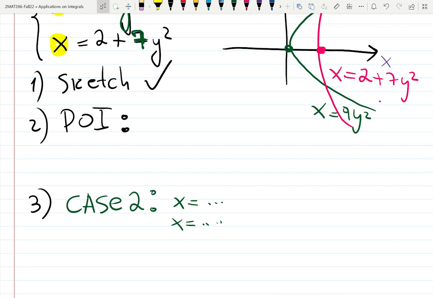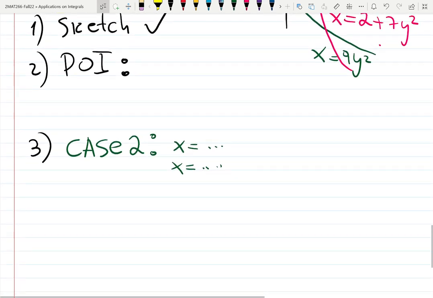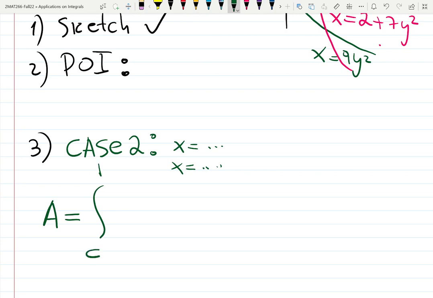So why not choose case 2, where the integral looks like A equals integral from c to d of x equals blah, blah, blah, minus x equals blah, blah, blah, dy. Do you see what I mean? It would be a function of y minus a function of y. I don't want to solve for y to make case 1. And that's where case 2 gets handy.